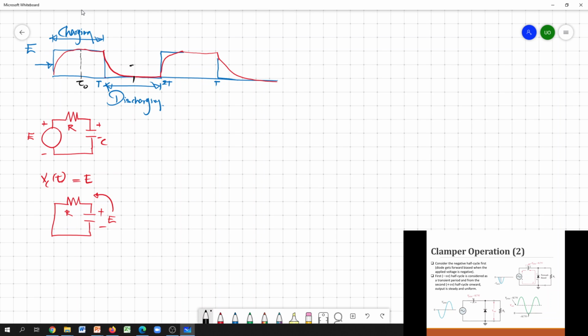Similarly, we can have the same value. So this tau naught is the time taken to charge this capacitor up to E.